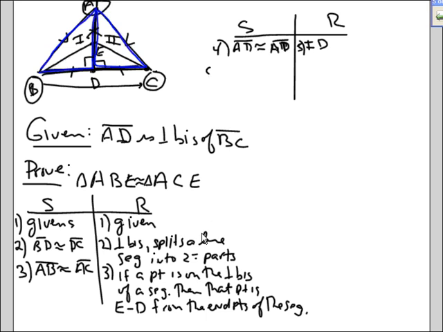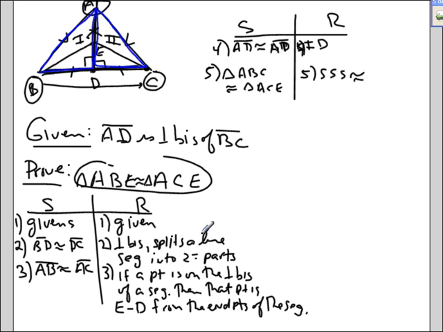And now, I can say that triangle ABC is congruent to triangle ACE. And the reason, this should be 4, and the reason would be side, side, side.